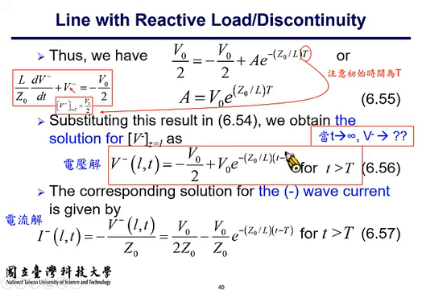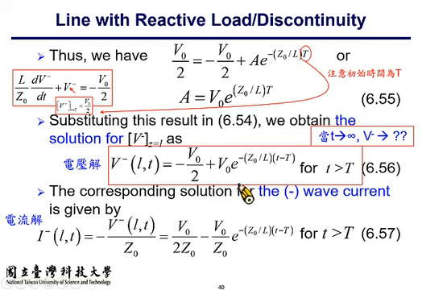So what happens to V minus after a sufficiently long time? It becomes minus V sub 0 over 2. And how about the relationship between the V minus signal and the V plus signal?